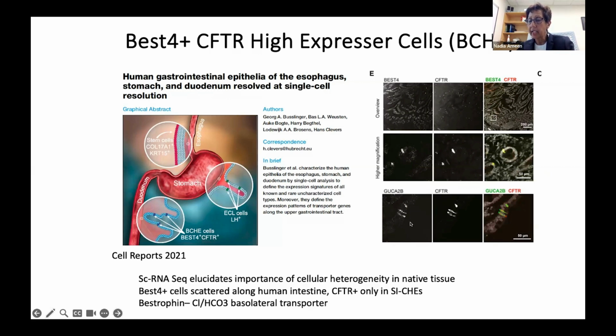On the villi, he also found that these cells express very high levels of GUCA2B. GUCA2B is the gene that encodes uroguanylin, a very important regulator of bicarbonate secretion in acidic portions of the intestine, and that bicarbonate secretion is mediated by CFTR. So here is the co-localization of GUCA2B and CFTR in these BEST4 positive cells in the human villus epithelium.